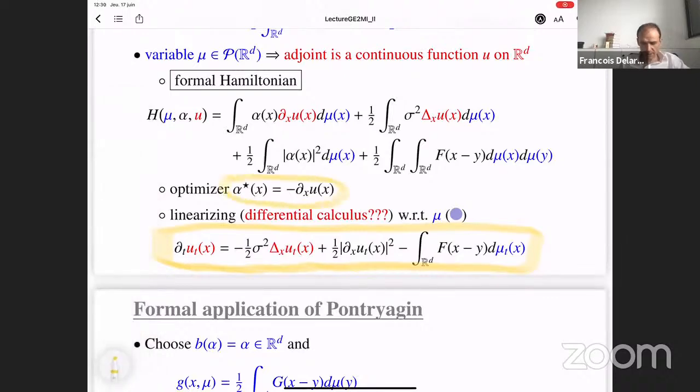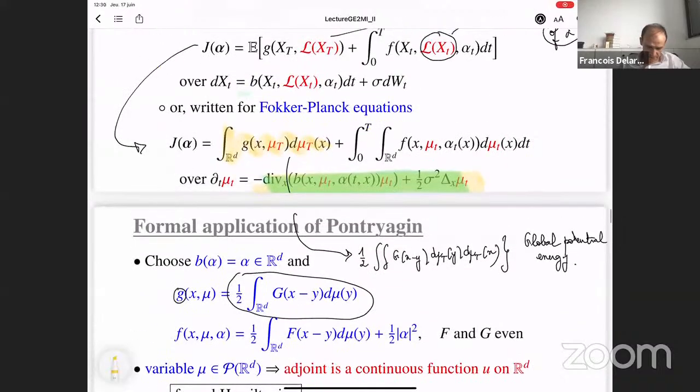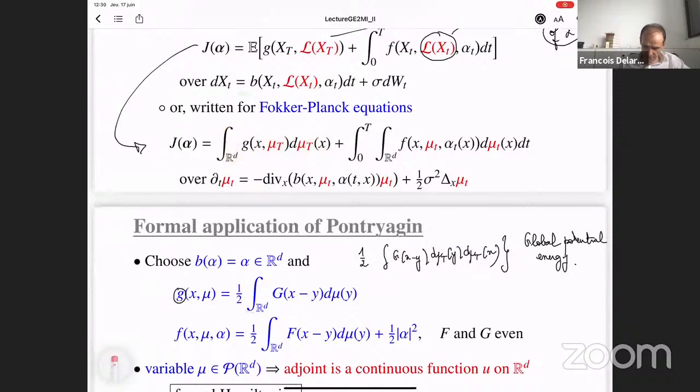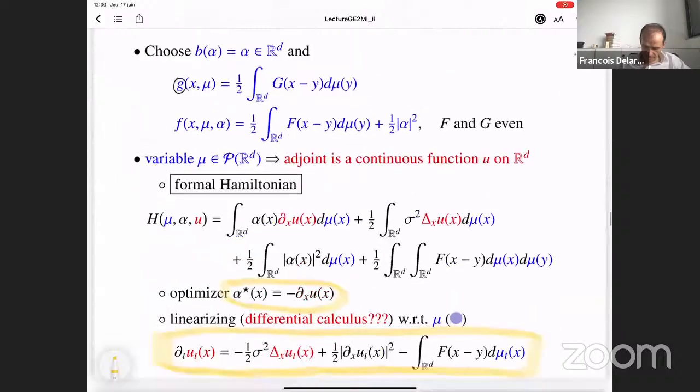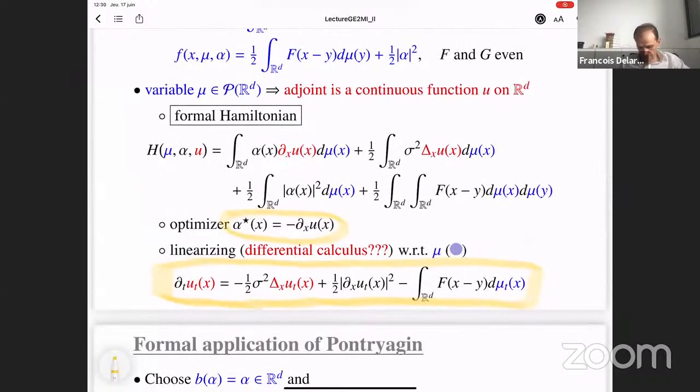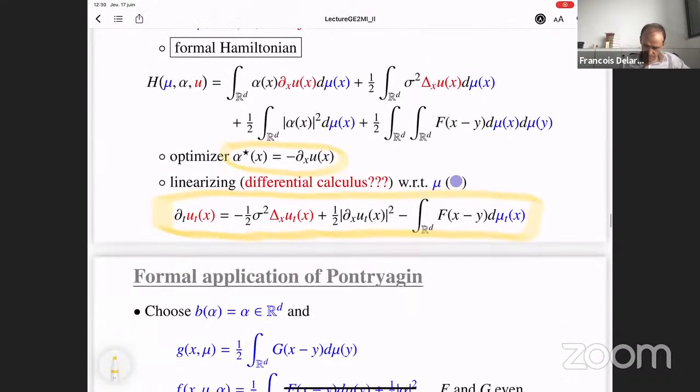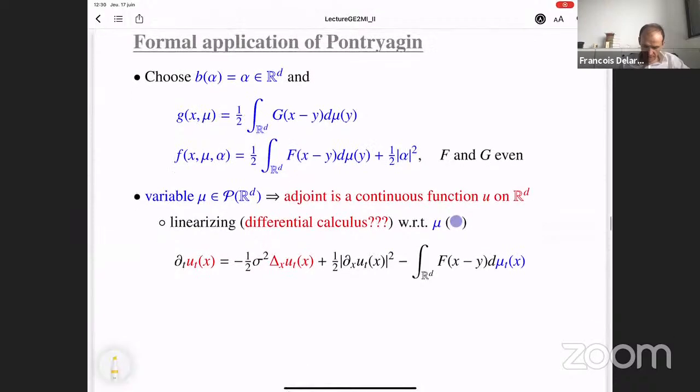And then at the end of the day, when you plug this rule in the Fokker-Planck equation, because keep in mind that the Fokker-Planck equation was the equation for the population, so when you replace alpha here by minus the gradients of the equation that is in yellow in the bottom of the slide, you get a forward-backward system.